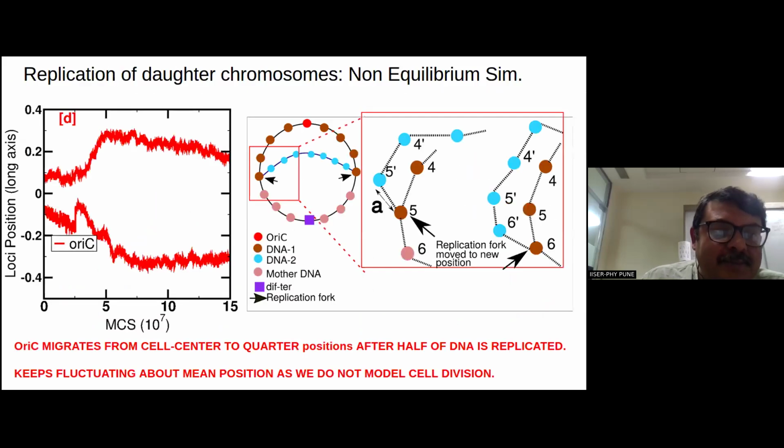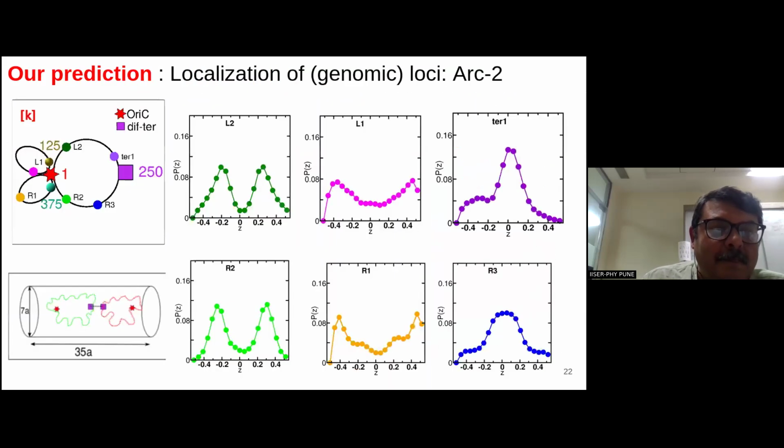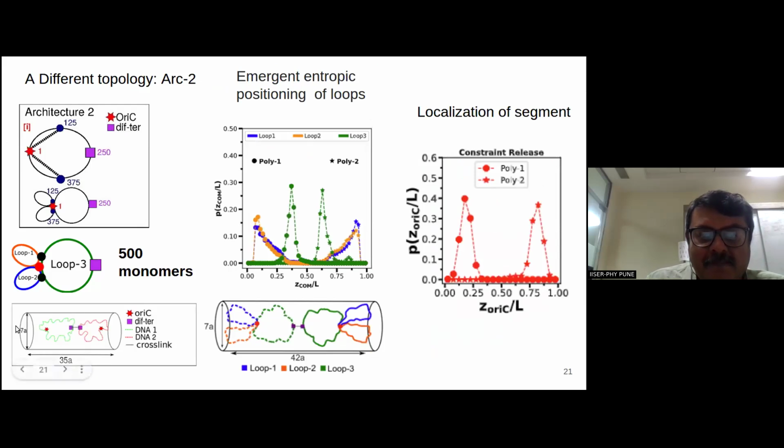When that happens, you already know that this monomer 1, you can note that I had actually marked this ori and this ter and so on and so forth. These would get localized to the quarter position. And when will these extra loops be there?